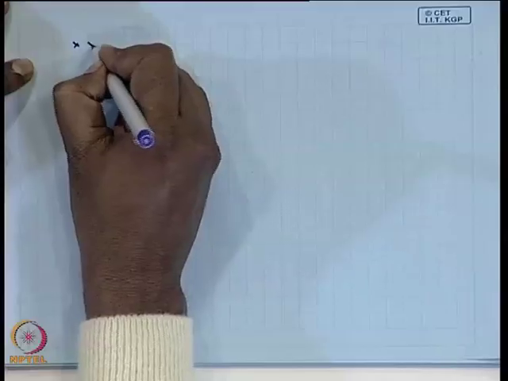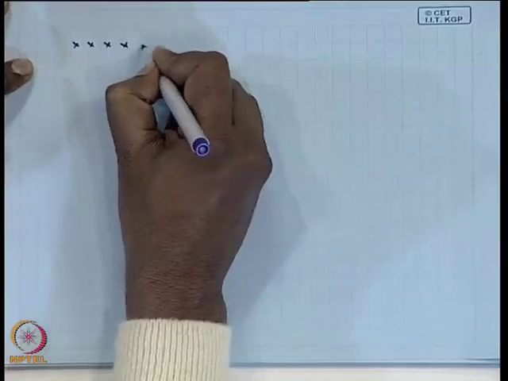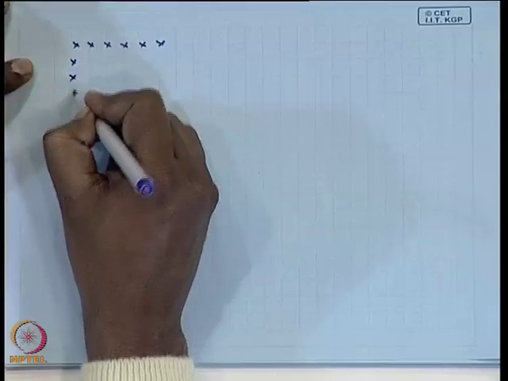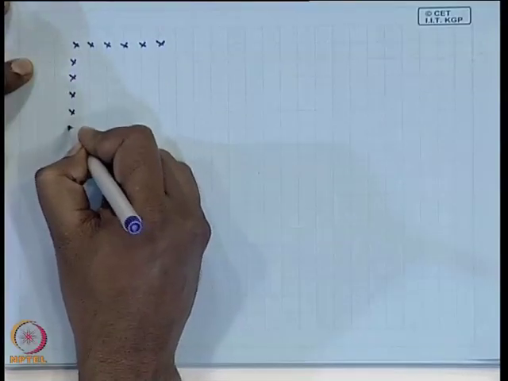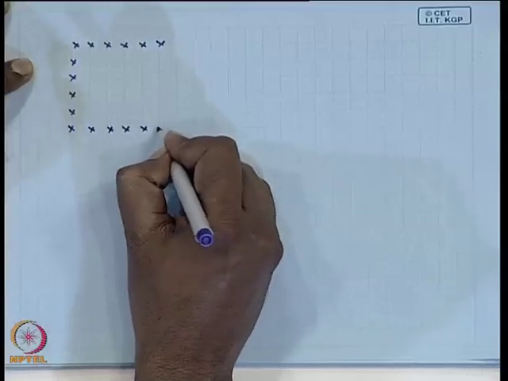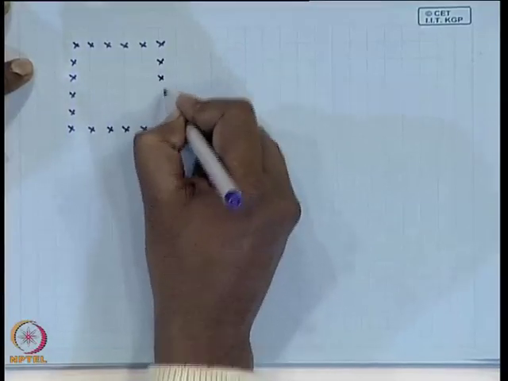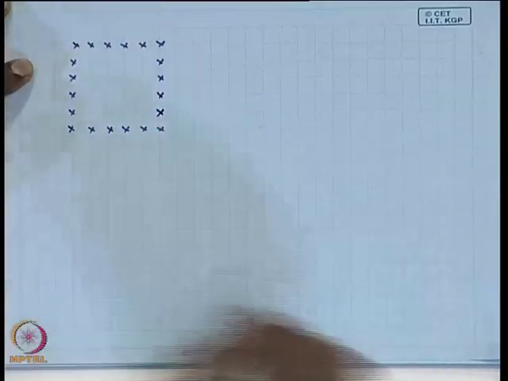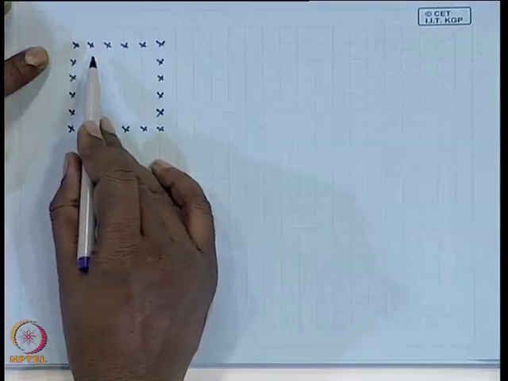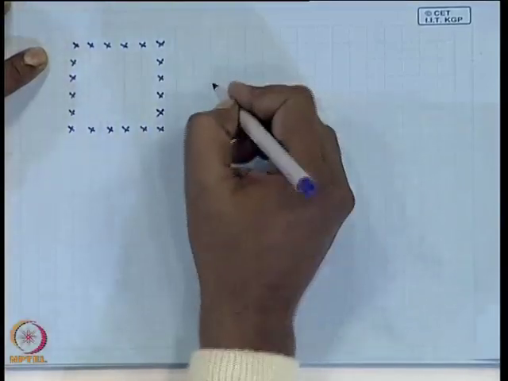Then how does it affect the shape? For example, if I have boundary points something like this, it is a square boundary, and there are 20 boundary points.